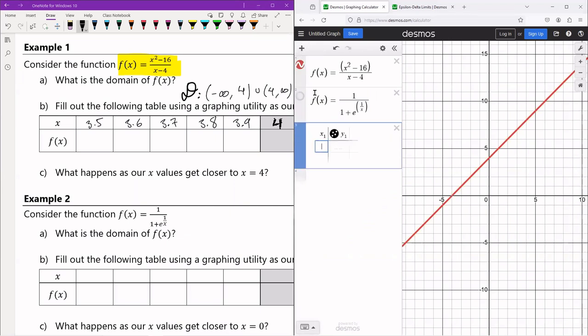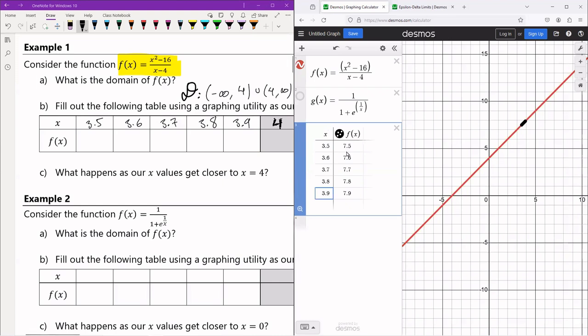I'm going to insert a table here. I'm going to get rid of the subscript 1 and the y, put in f of x, and change this one to g of x. Now I'm telling it to compute stuff for f of x, right? So 3.5, 3.6, 3.7, 3.8, 3.9. It is computing things for me here, if you guys see that, okay?